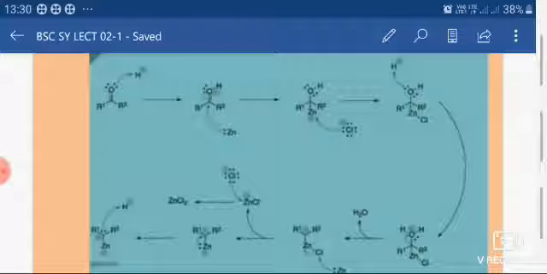This zinc atom donates a pair of electrons to the carbocation, and a bond forms between the carbon and zinc.